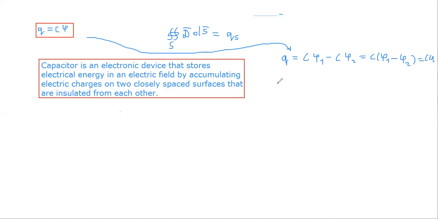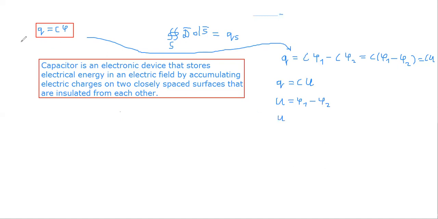So Q is equal to capacitance multiplied by U, where U is the potential difference or voltage. U is equal to phi 1 minus phi 2.